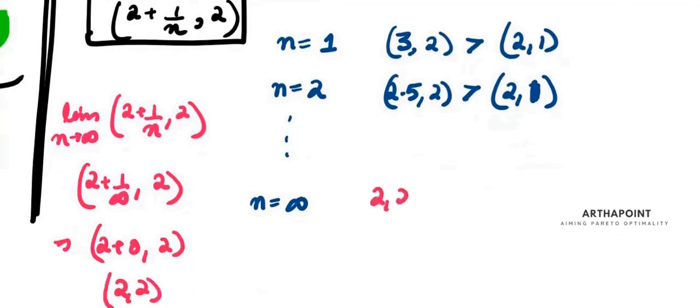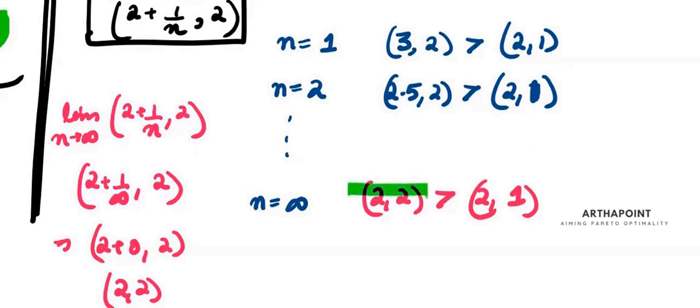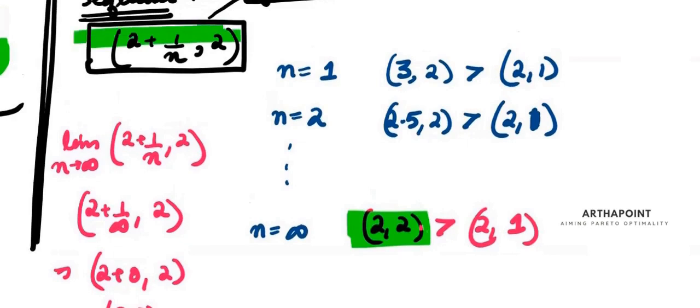I'm saying this is also preferred over 2 comma 1. This is actually S, the bundle S. This entire sequence of bundles is converging to 2 comma 2.